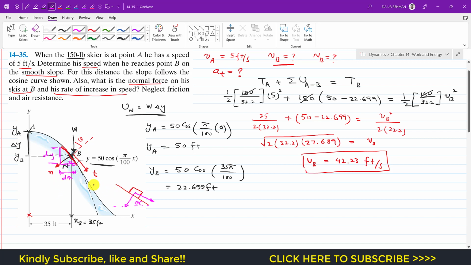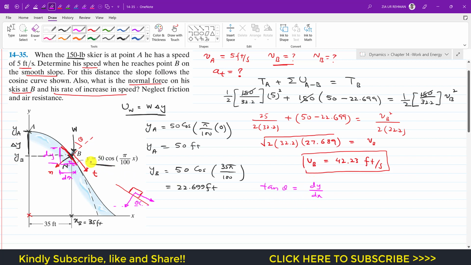So from this we can say that tan theta is equal to dy by dx, and we are given y as a function of x. So when we find the first derivative of y, and then put x equals 35 feet in that equation, that will give us the dy by dx value.